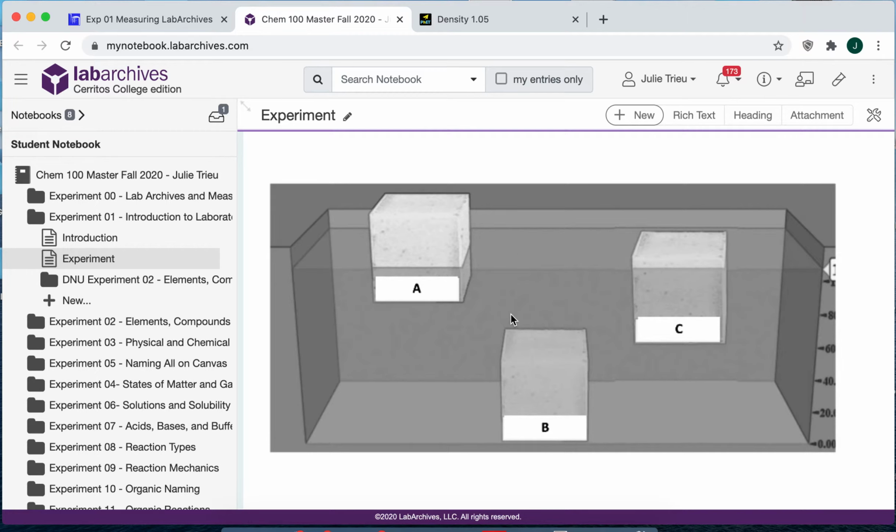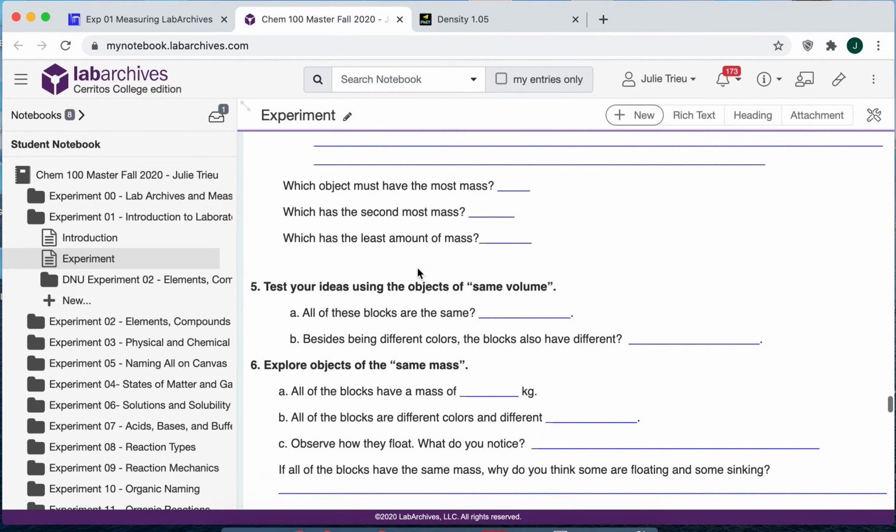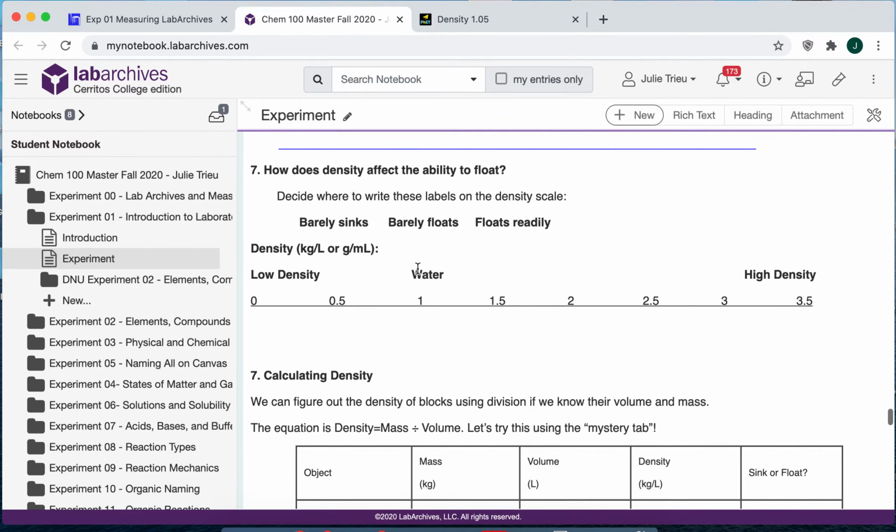Which one has the highest density? The one that sinks to the bottom has the higher density. When you compare A and C, which one floats less? C sinks more than A, so C should have higher density, and A should have the lowest density.